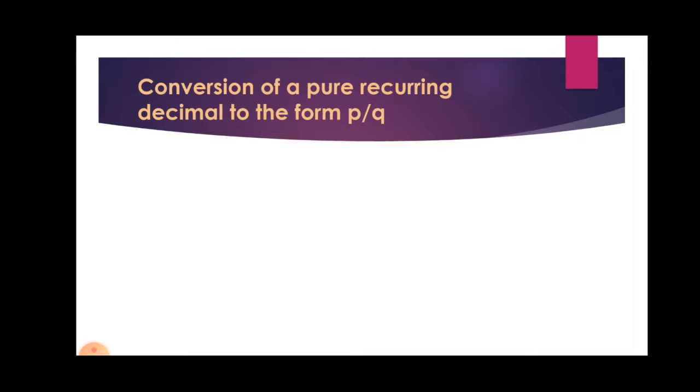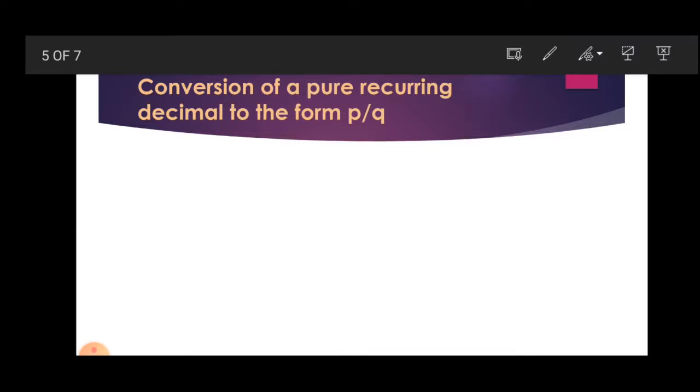Now conversion of pure recurring decimal to the form p by q. Let's take an example. Express 0.1 bar in the form p by q.